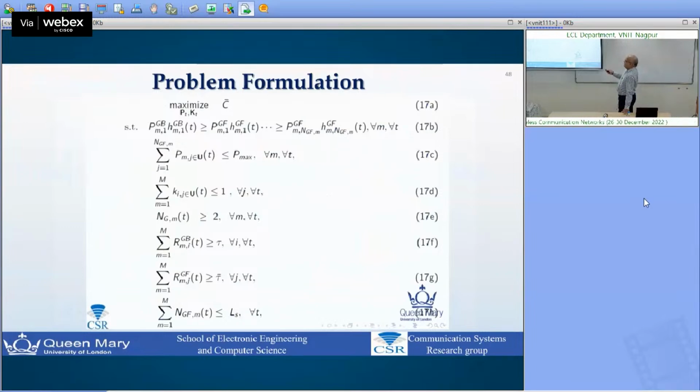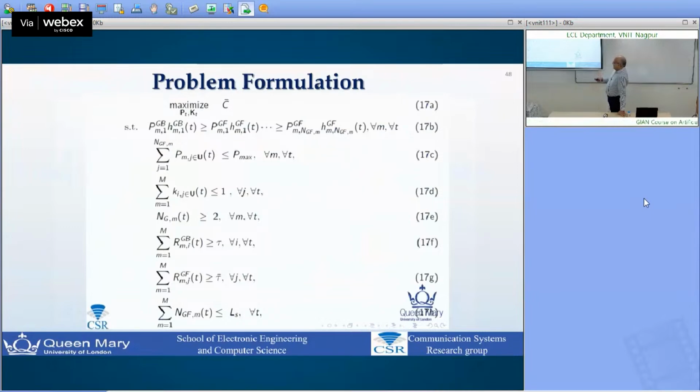Then we have the power constraint for grant-free users. They cannot have very high power, as it will interfere with the grant-based user. The grant-free users can choose only one channel. In a particular channel M, there are more than 2 devices: one grant-based plus at least one grant-free, or more. Here we have the grant-based rate threshold, and grant-free devices must also have a certain threshold.